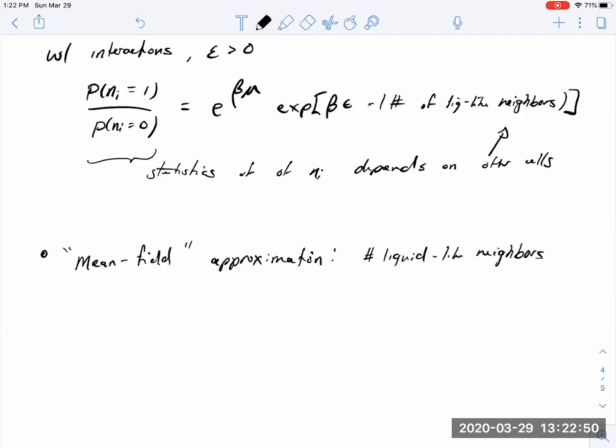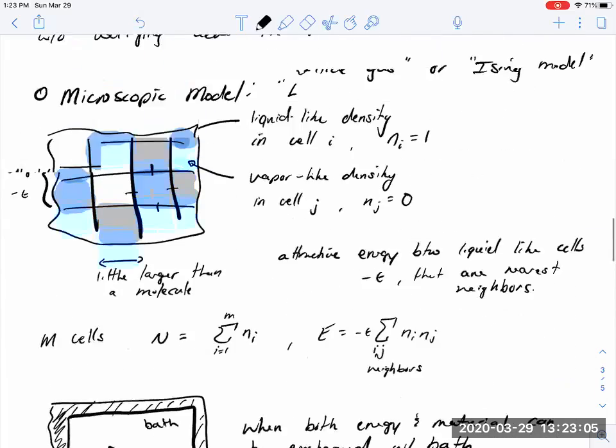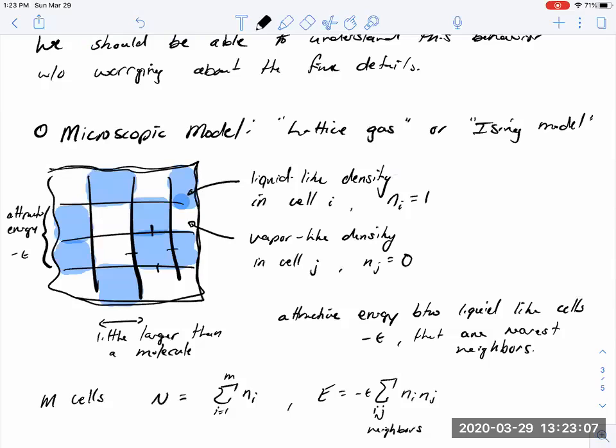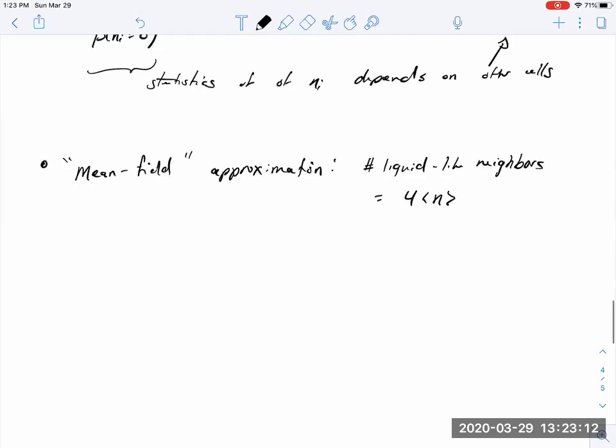I'll just concentrate on only one of those cells and average all the rest out. So it will be just given by the number of neighbors times the average of those cells. And in this square lattice we have up here, I have 4 nearest neighbors.